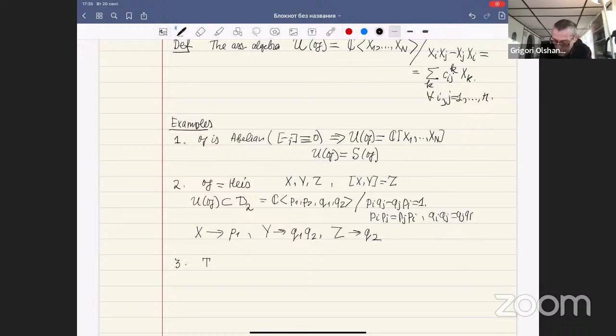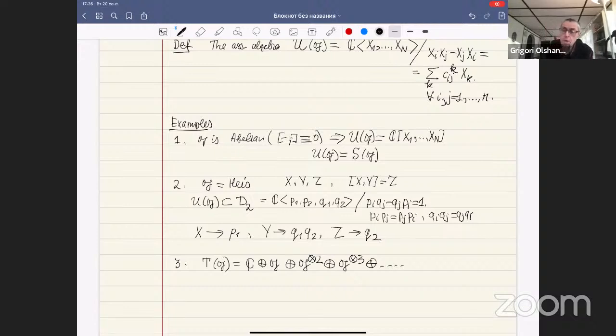Take T of G, the tensor algebra, which means the ground field, plus G itself, plus the tensor of G with itself, plus the triple tensor space, and so on. And this is an associative algebra. And actually, this is a free algebra.